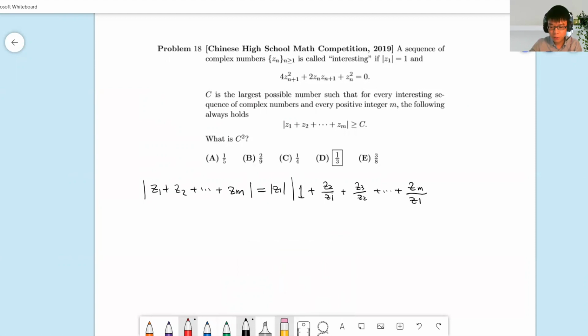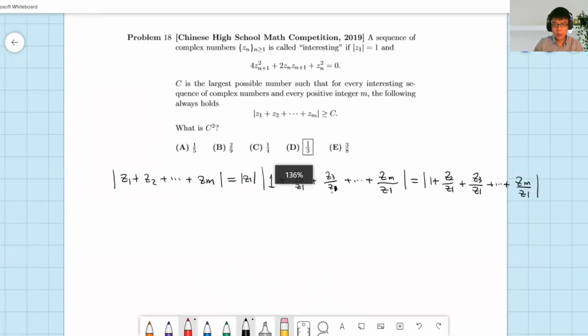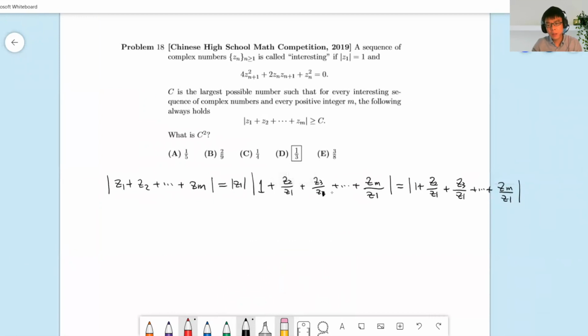This is larger than or equal to c. But we can basically cancel this first factor. So it's 1 plus z2 over z1, z3 over z1, up to zm over z1. In this way, we can basically assume the first term is just 1.